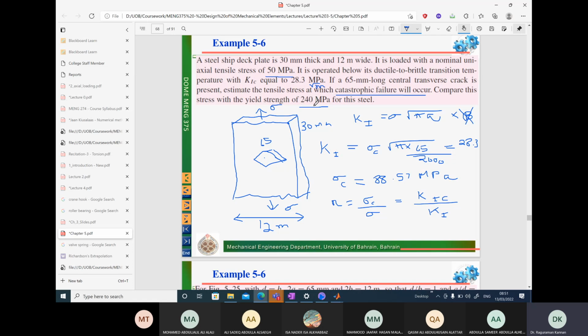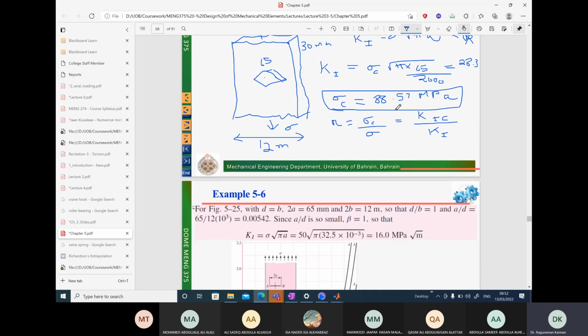However, since the crack is present in the plate, we can clearly see it leads to failure much below the yield strength of the material. It's about at least 1/3 of the stress. So the presence of crack reduces the strength of the material greatly. Okay, so you have to realize this. Even in the static case, this is what we are seeing.